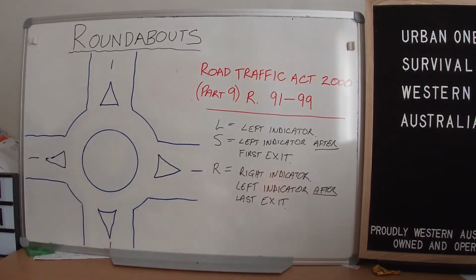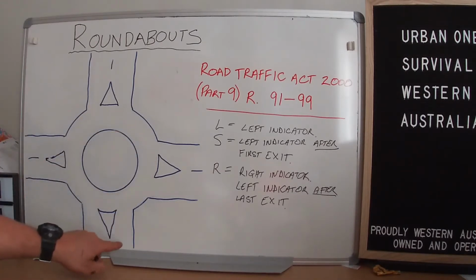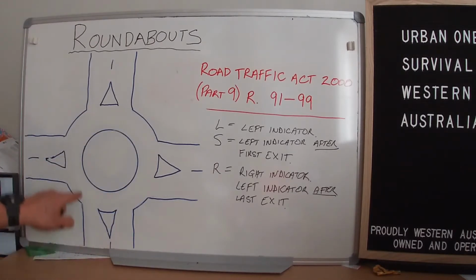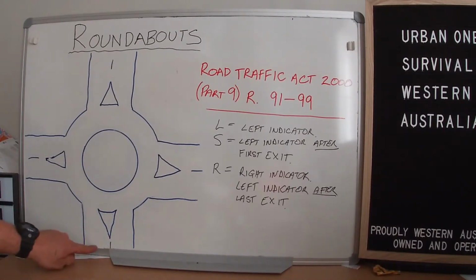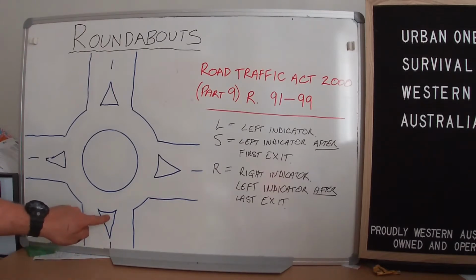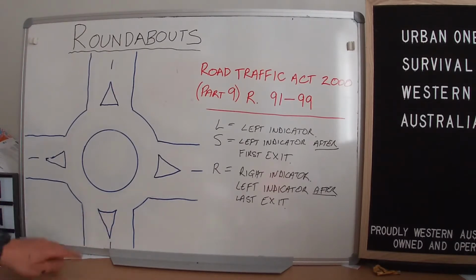Pretty straightforward so far, isn't it? Now, to go back the way you came, from this point all the way around to this point. So basically a U-turn. The first thing you want to do is, before you hit the triangular median strip, you want to have your right indicator on.